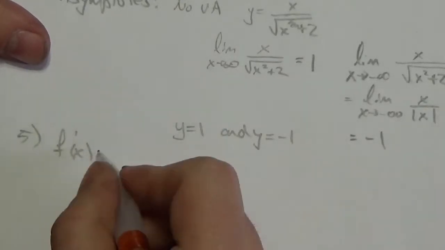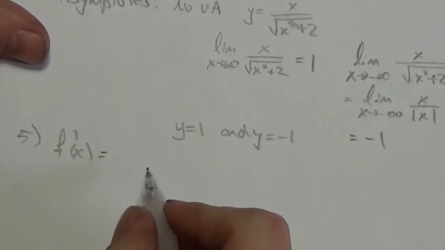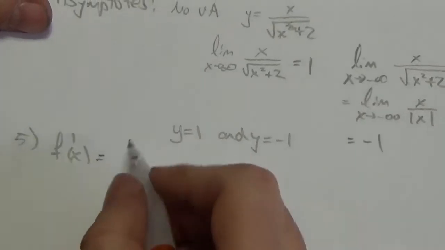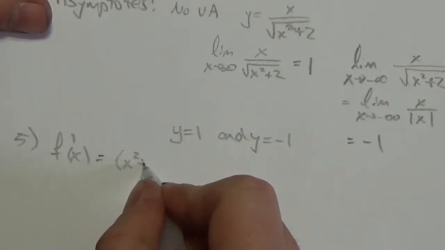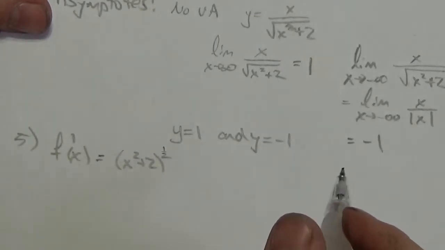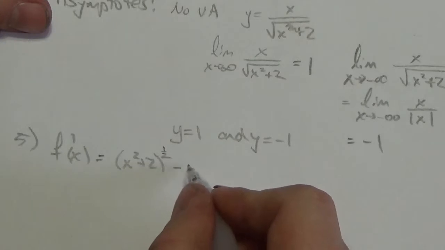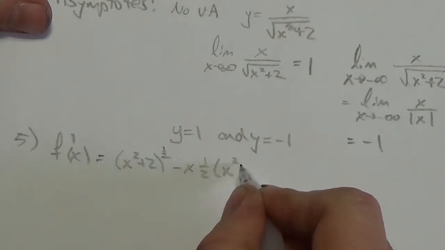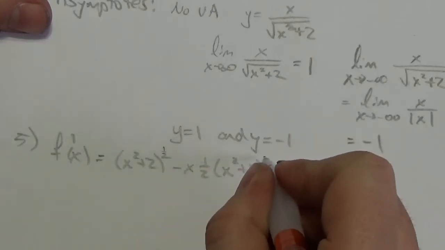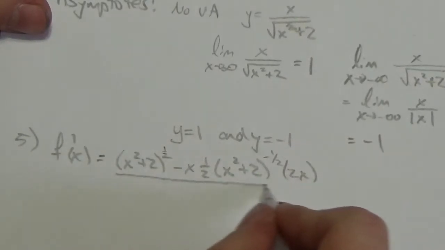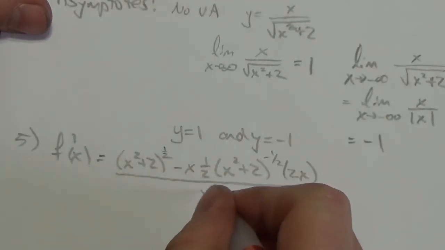So f prime of x, let's figure out what that is. Again, I'm going to use the quotient rule. So the derivative of the numerator is 1, multiplied by the denominator, x squared plus 2 to the 1/2, minus the numerator multiplied by the derivative of the denominator, 1/2 times x squared plus 2 to the negative 1/2, multiplied by 2x, all over the denominator squared.